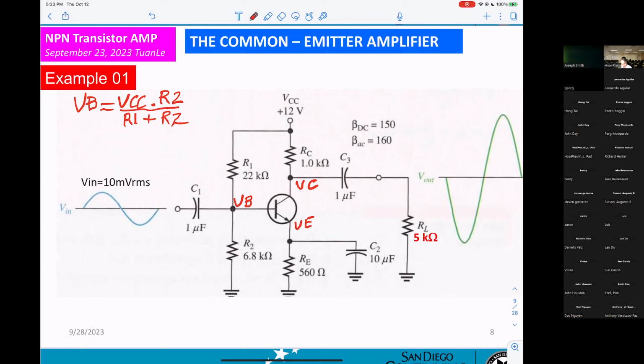And now tell me VE. What does VE equal? VB minus 0.6. Why minus 0.6? You understand, a diode will be turned on, and you get a drop here, 0.7.